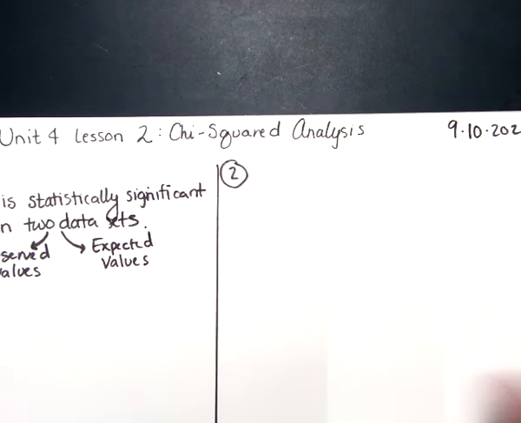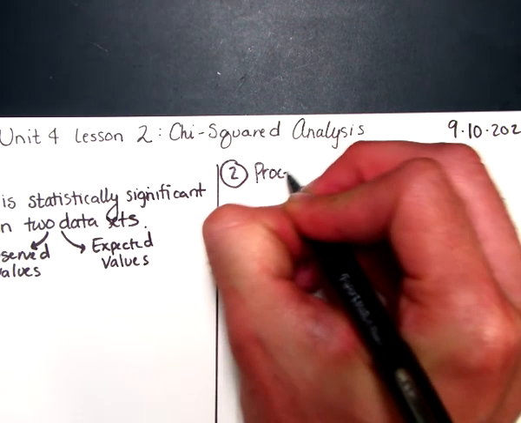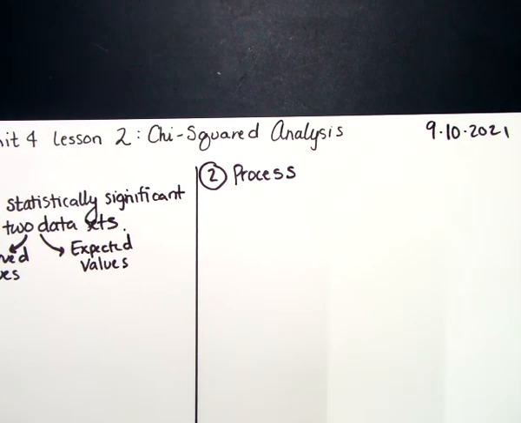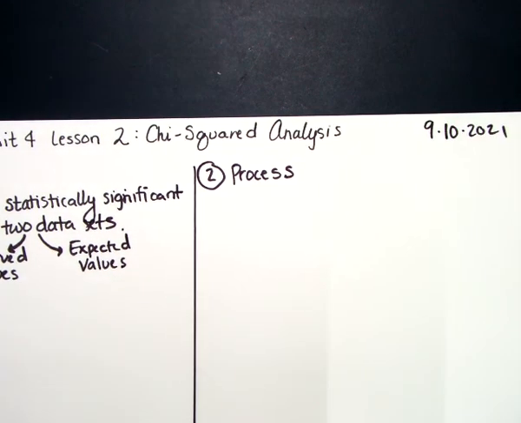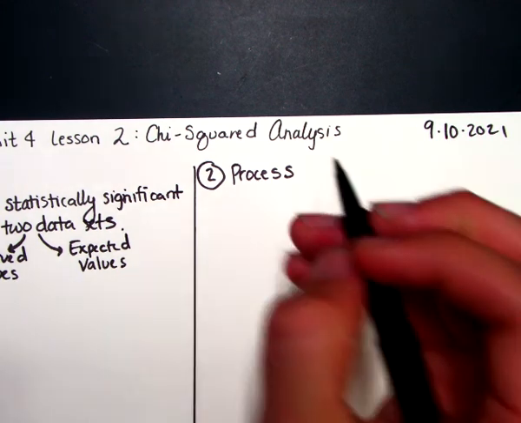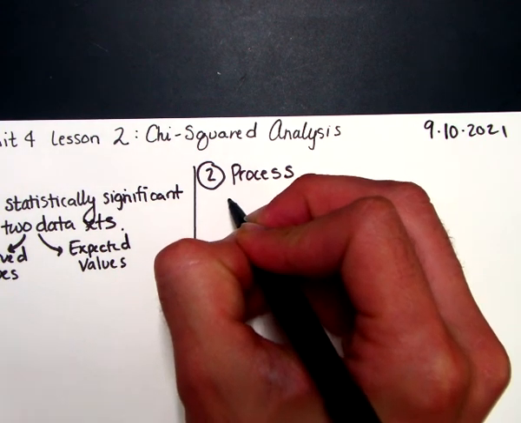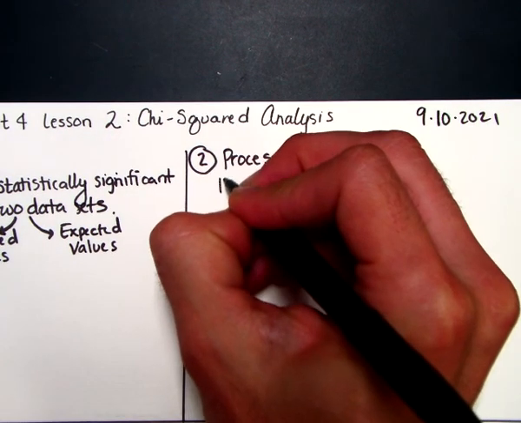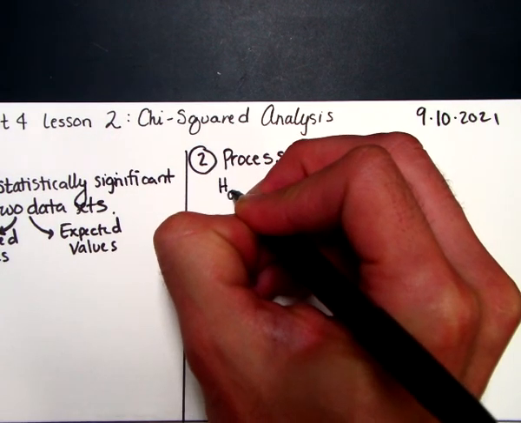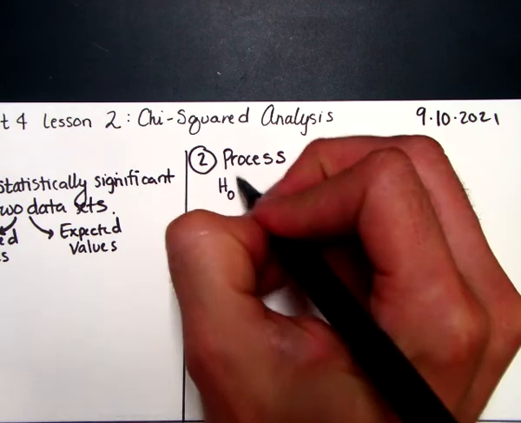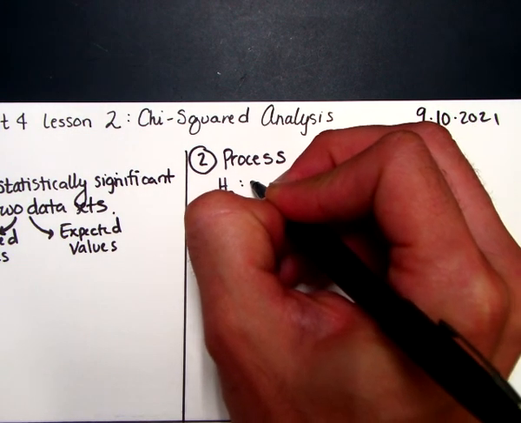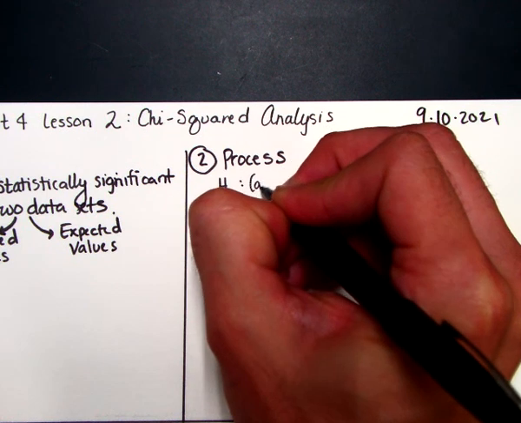Okay. So the process here is we start with two different hypotheses. Okay, those two different hypotheses, you have something called H naught, which is also referred to as your null hypothesis.